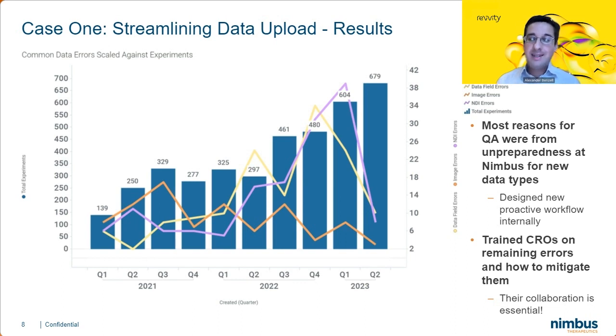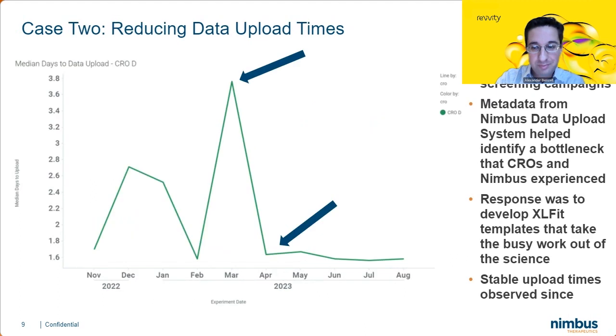But in the next case, we look at some more targeted issues that we tried to tackle. So in the next one, we were looking at data upload times, in the sense of how long does it take between when an experiment is done and when scientists are able to view the data for it.